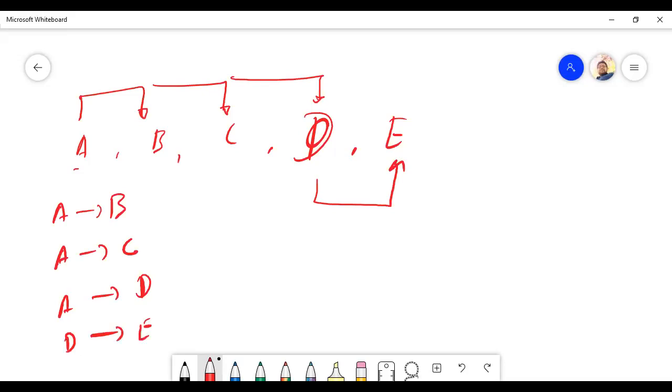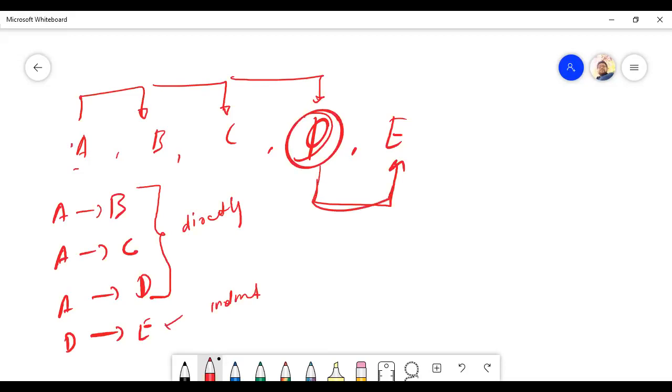Now we can see this B, C, D all directly depend on A. The E is indirectly dependent, because you can see D depends on A, and from that D, E depends.